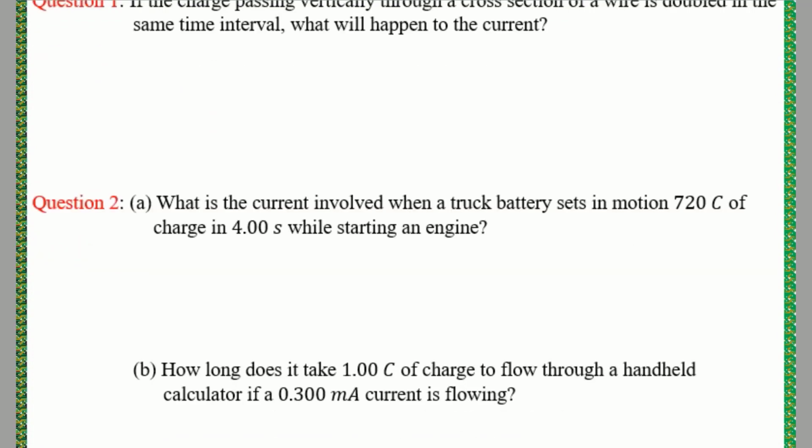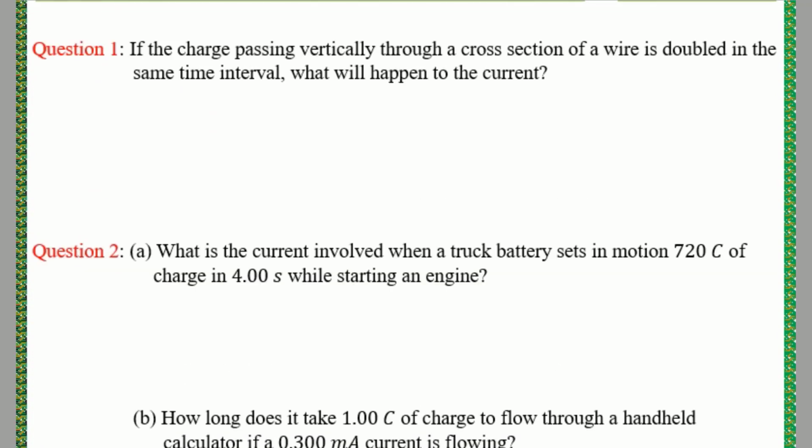Question 1. If the charge passing vertically through a cross-section of a wire is doubled in the same time interval, what will happen to the current? We know that I equals dq by dt.